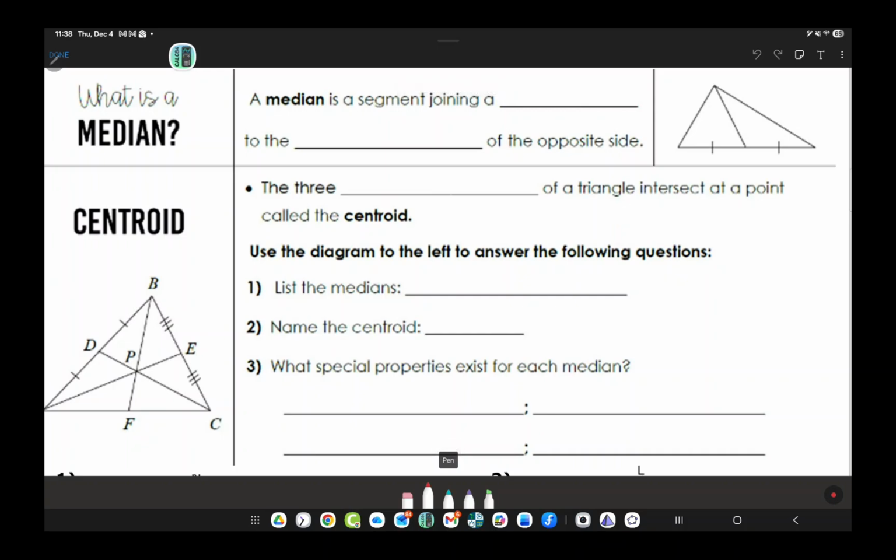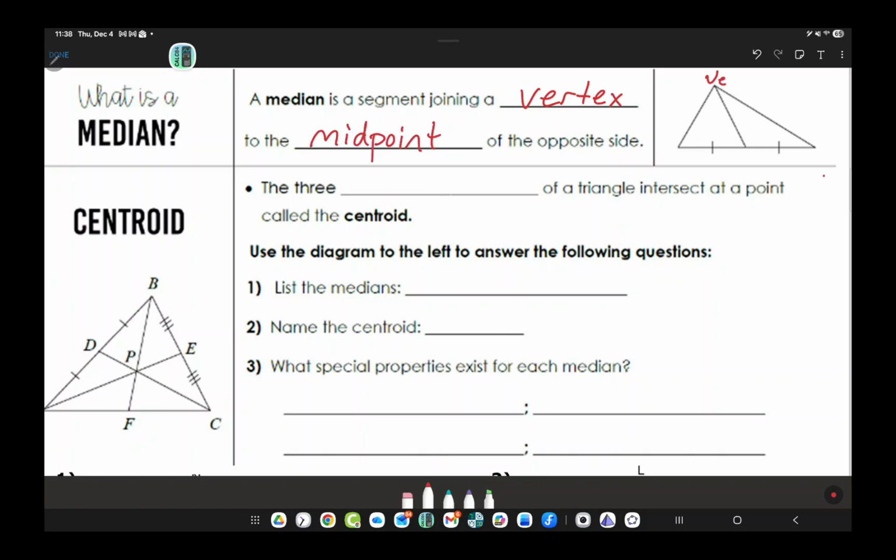a median. So a median is a segment joining a vertex to a midpoint. I'm sorry, I had that backwards. Midpoint's down here. Joining at a vertex to a midpoint. There we go.